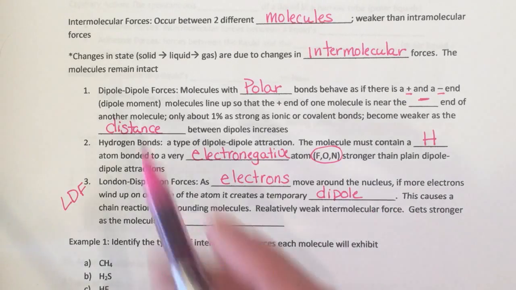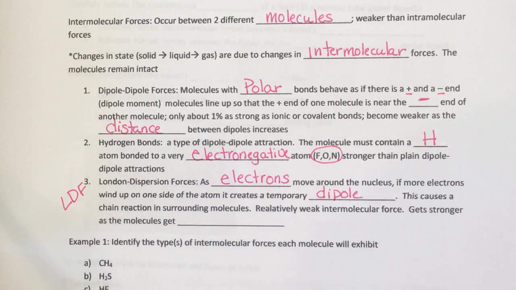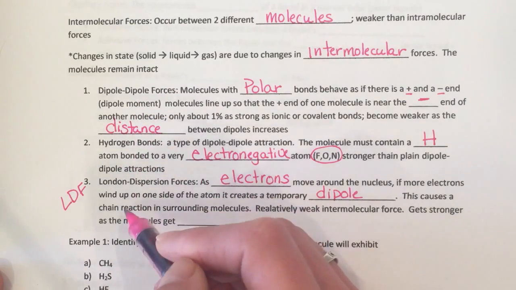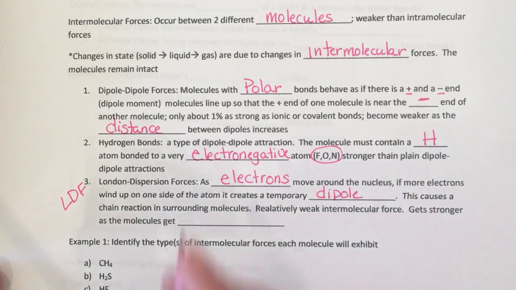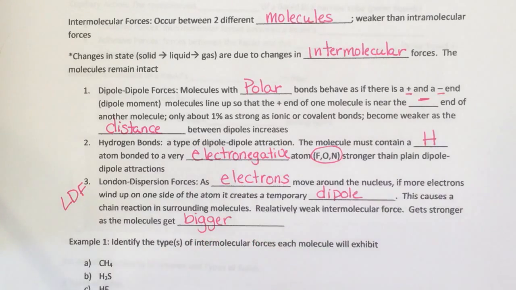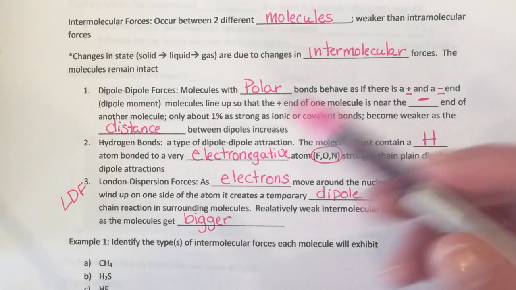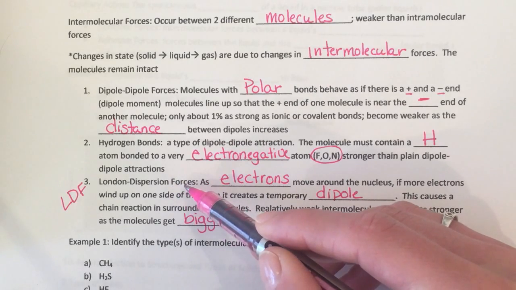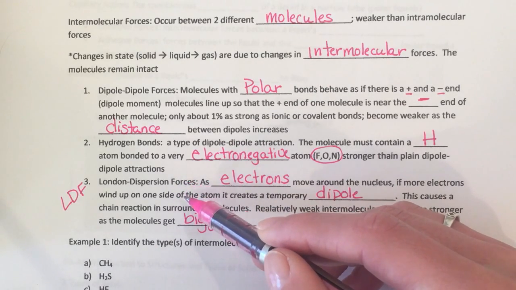These are the weakest of the three types of intermolecular forces, okay? Dipole-dipole, hydrogen bonding, and LDF. But as the molecule gets bigger, there are more electrons. And because there are more electrons, the LDF gets stronger, okay? Now, remember, London dispersion forces can be polar or nonpolar.